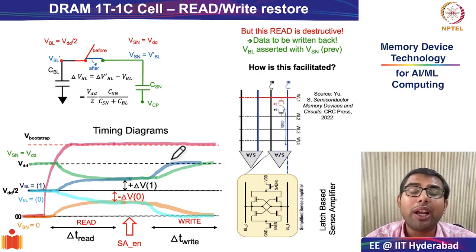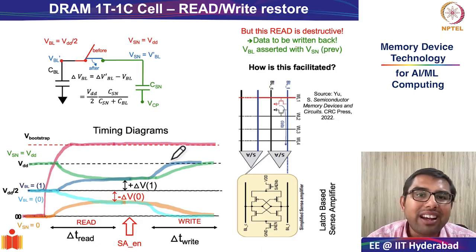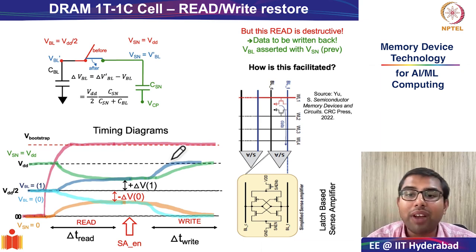Also, we looked in detail in the last one or two classes at what the mechanisms involved in the read, write and restore operations are, and what the importance of the refresh operation is. So today we will conclude our study of the DRAM subsystem by looking at more technological aspects.